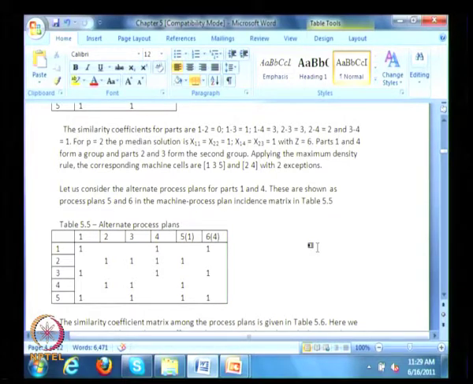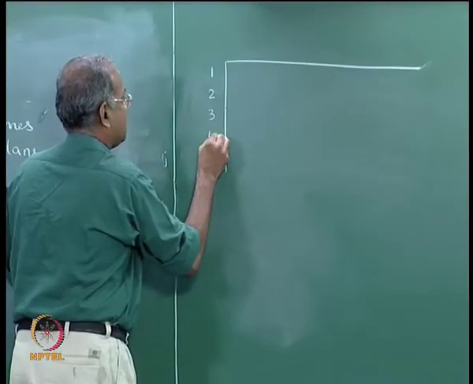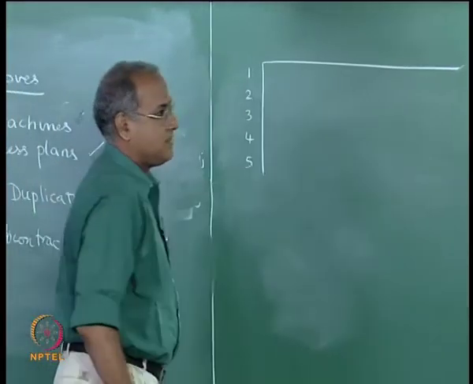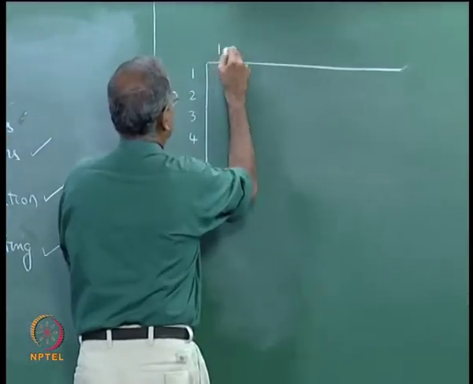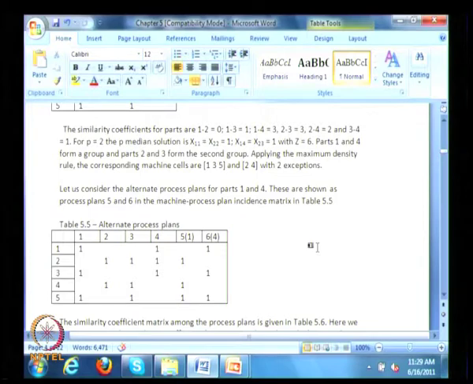This has 5 machines, 1, 2, 3, 4, 5 machines, and it makes 4 parts, 1, 2, 3, 4 parts.